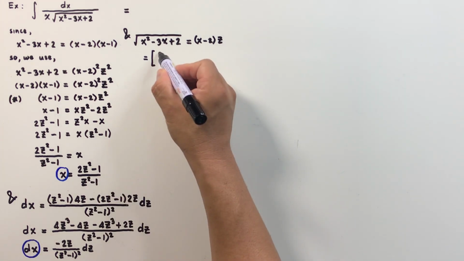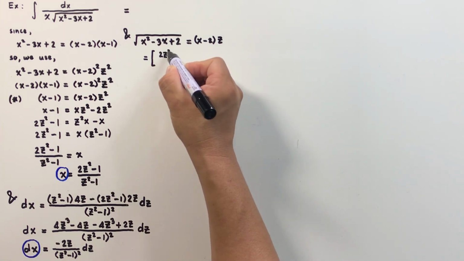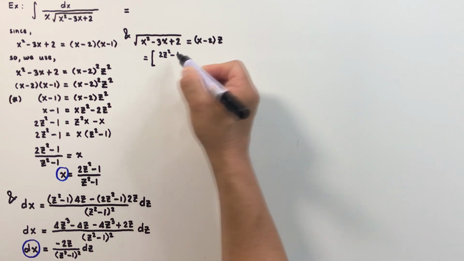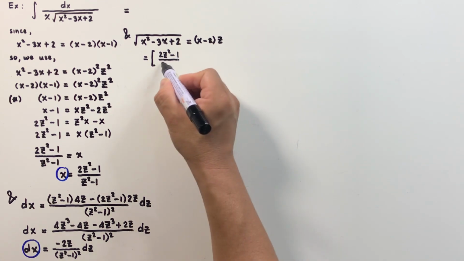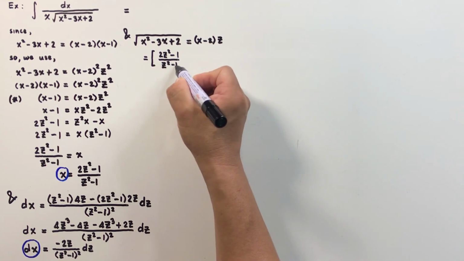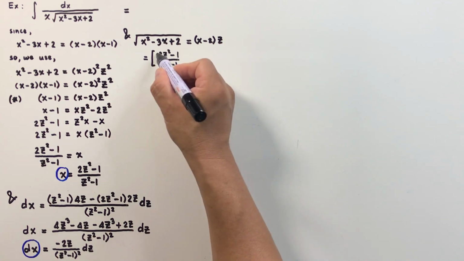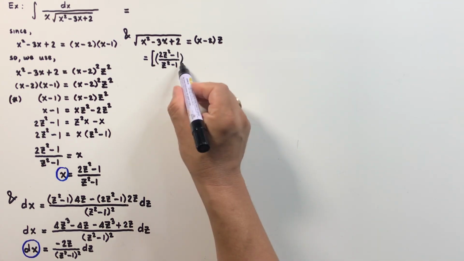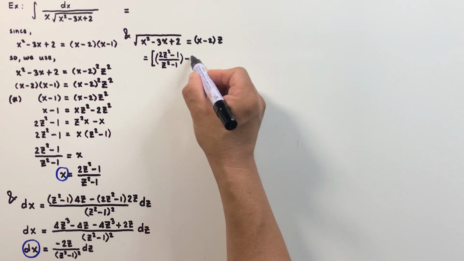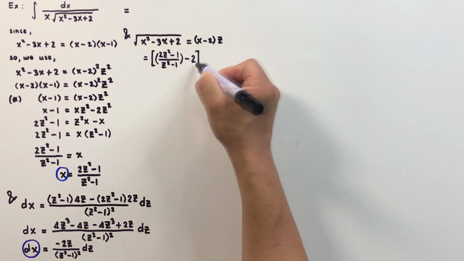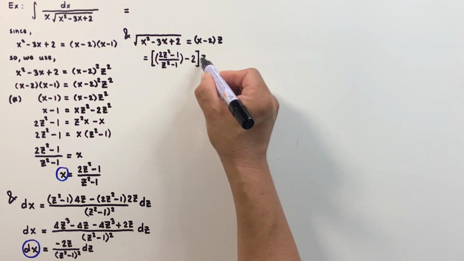Our x is 2z squared minus 1 over the denominator of z squared minus 1. This is our value of x, but this should be subtracted by 2, so minus 2, times our z here.